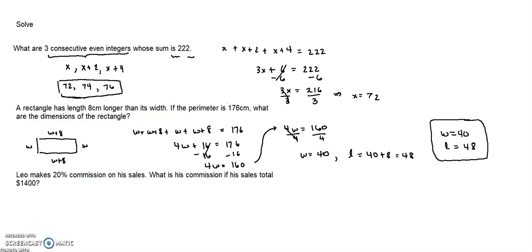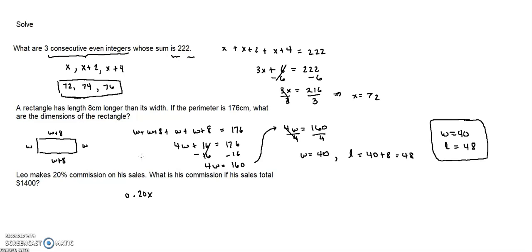Okay, and then the last one, Leo makes 20% commission on his sales. So remember we wrote that as 0.20x, or 0.2x would be fine as well. What is his commission if his sales total 1,400? Okay, for this one we don't need to solve anything.